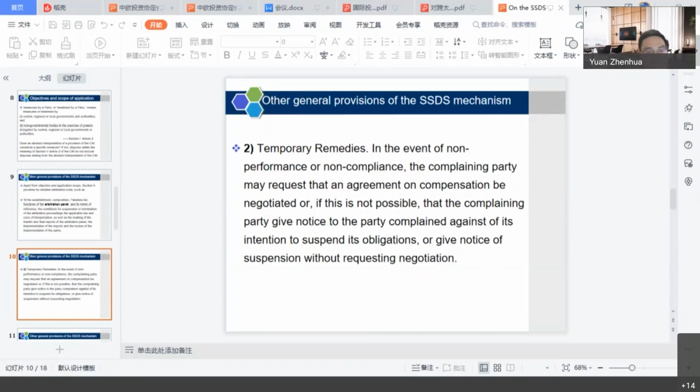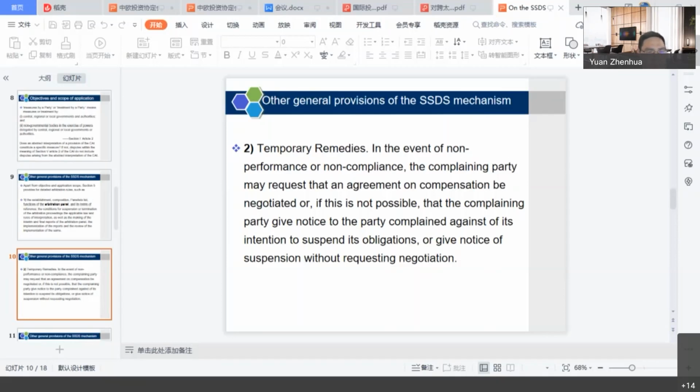Okay, so the arbitration panel is not authorized to award that the losing party is liable for compensation, and the implementation of the final reports by the losing party does not include monetary compensation.